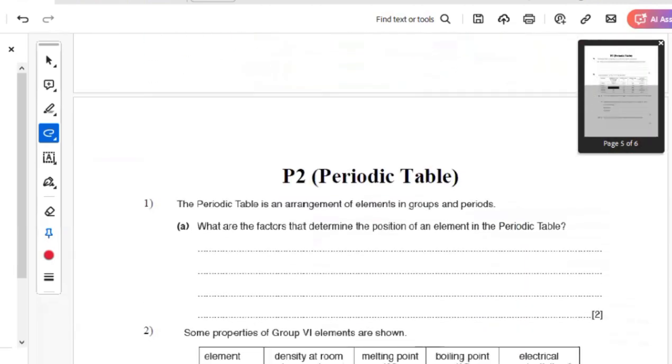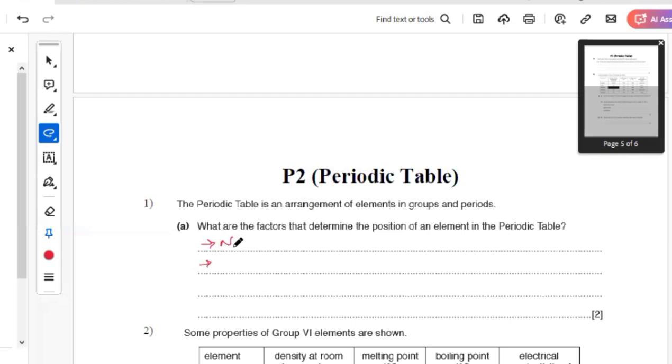Okay. So there are some P2 questions that I have also included in this worksheet. The periodic table is an arrangement of elements in groups and periods. What are the factors that determine the position of an element in the periodic table? So we know that there are basically two things which define the position of an element in the periodic table.